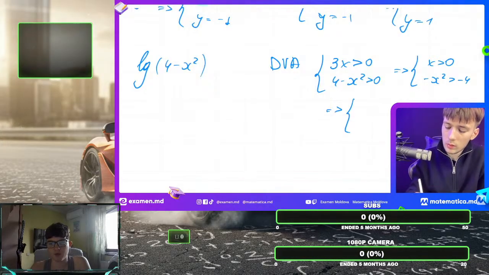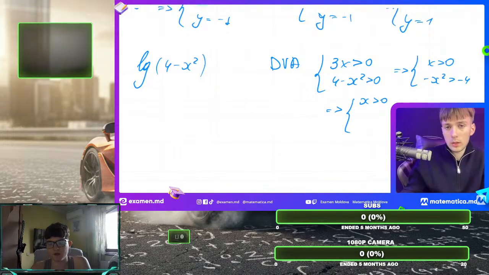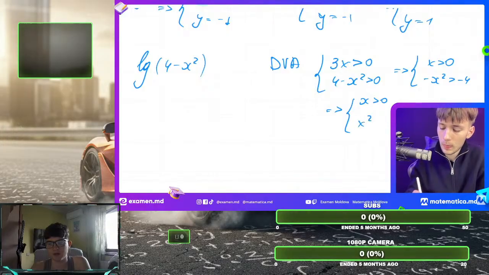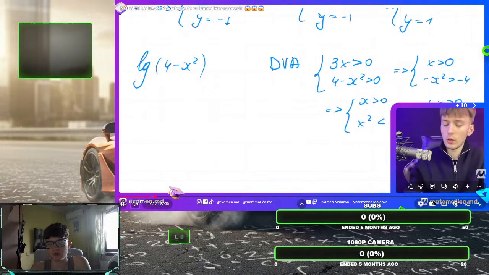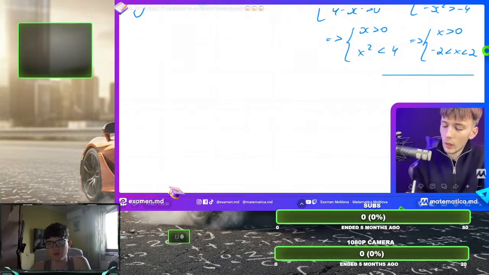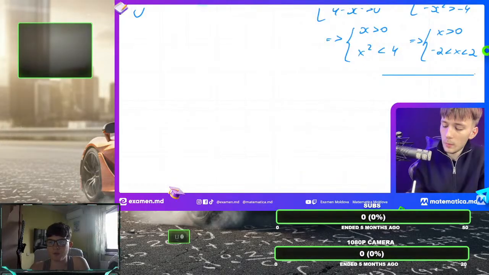And so we can switch all the signs, and it should be x smaller than 2, right? Actually, it can also be -2, as -2 to the second power is also 4. So that's how the condition is being written out. X right there in the middle, bigger than -2 but smaller than 2.